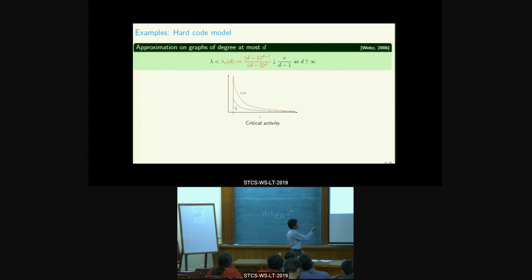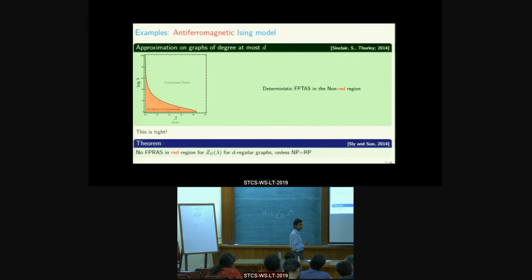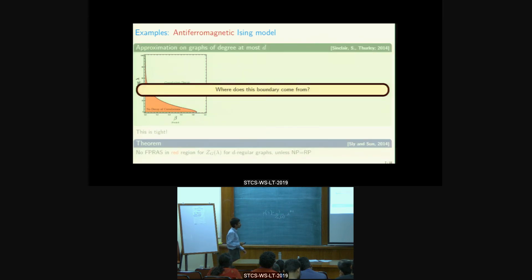Similarly, you look at the same things here, again graphs of degree at most D for independent sets. Again, you can write down a number, just a one-dimensional thing. This result tells you that this line will keep shifting up and up as you increase D. So a beta-lambda parameterization that is in the white region for a given D will not be for a larger D. And then you know that in general you cannot solve the problem unless you are also solving an NP-hard problem.